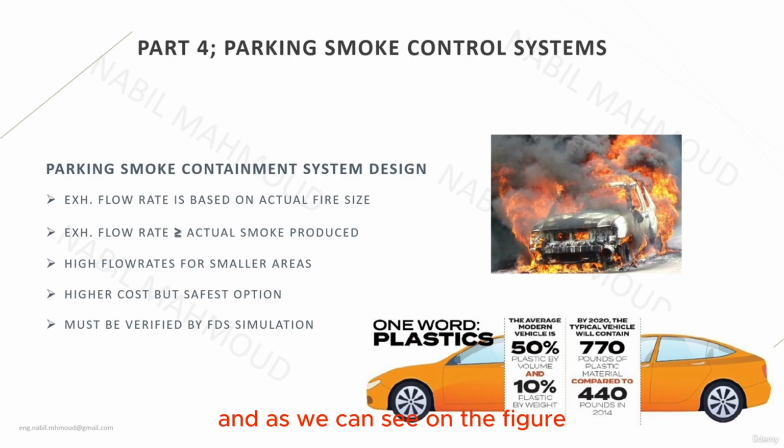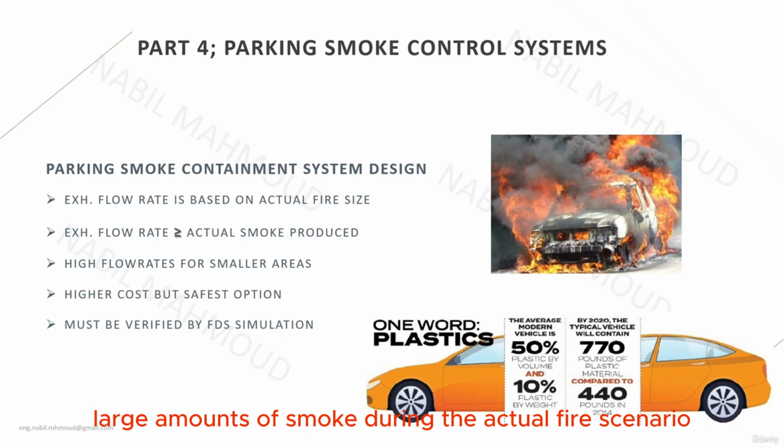And as we can see on the figure on the bottom right side of the screen, which is showing the plastics of the car in one word, you can see that in modern cars around 50% of the car is plastic by volume and 10% is plastic by weight. And by 2020 the typical vehicle will contain 770 pounds of plastic material in comparison to 440 pounds in 2014, which means that there is a relatively large amount of plastic, and this amount of plastic is what is responsible for the production of large amounts of smoke during the actual fire scenario.